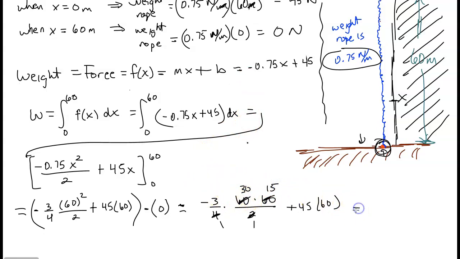And here we have 30 times 15. That will be 450. And so 450 times 3 will be 1350. So it's going to be a minus 1350 there. Plus, we have 45 times 60, which is 2700. And of course, if I take 2700 and subtract 1350 from it, I'm going to get 1350 because it's half.